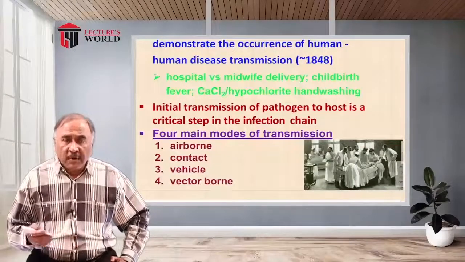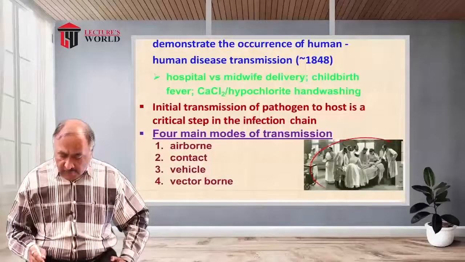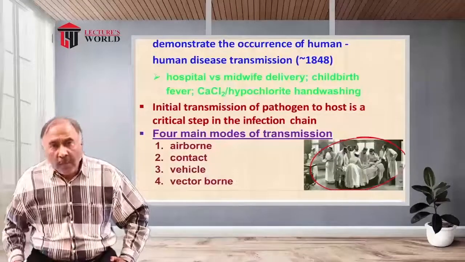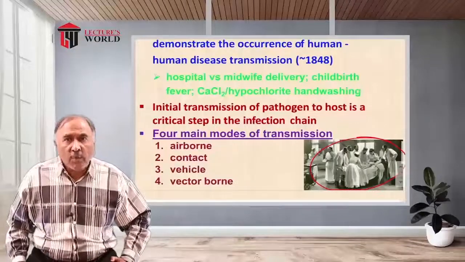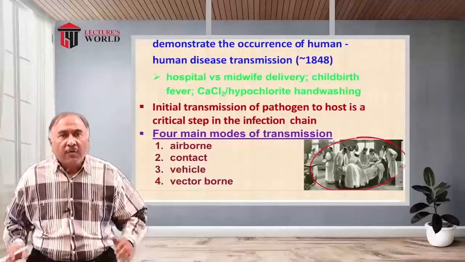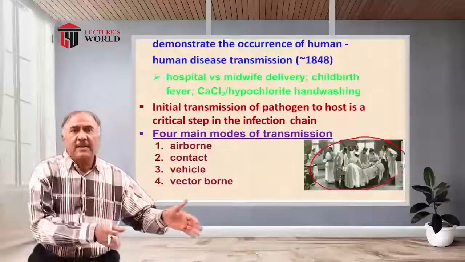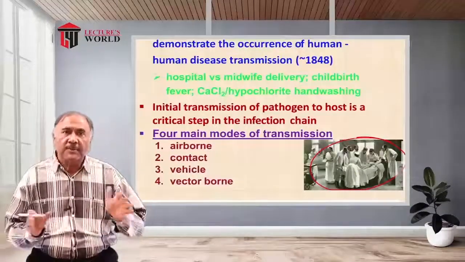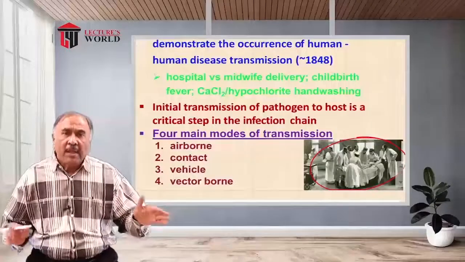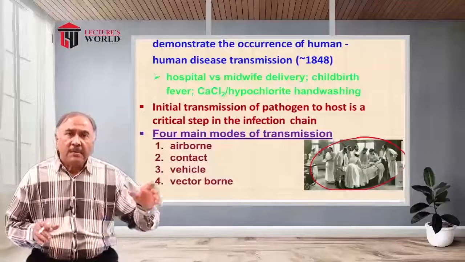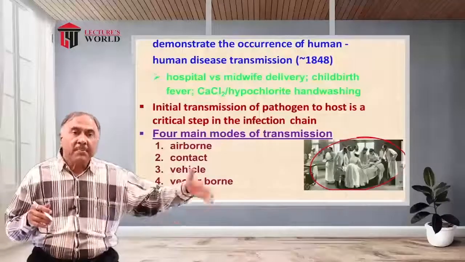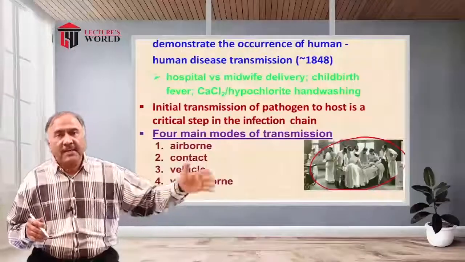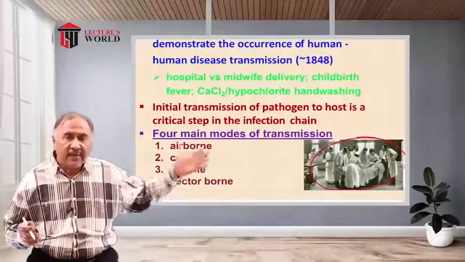And that was because, as you can see in the diagram, so many nurses would attend to one individual. From there, they would go to the second individual without taking any precautions, without washing their hands. They would examine, they would serve multiple patients, from one to second to third to next, like that.